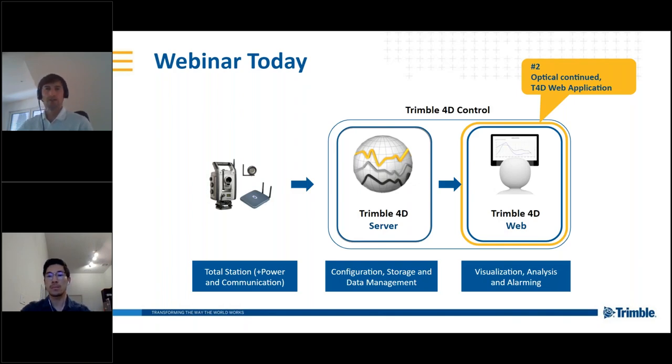In T4D Web, you can do real-time analysis, you can configure reports, and you can also configure alarms, for example. So basically, it allows for a quick assessment, and it provides decision support, right? So that's what T4D Web is about. And again, this is the topic of today.